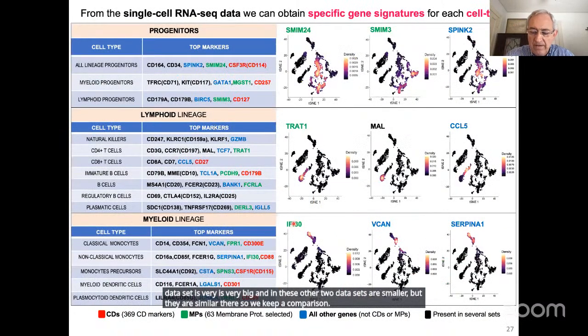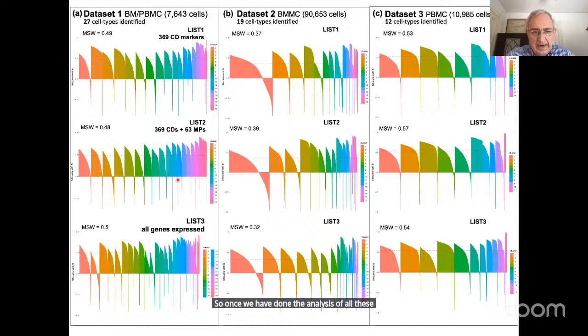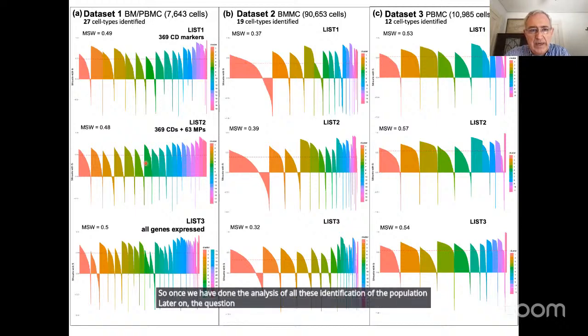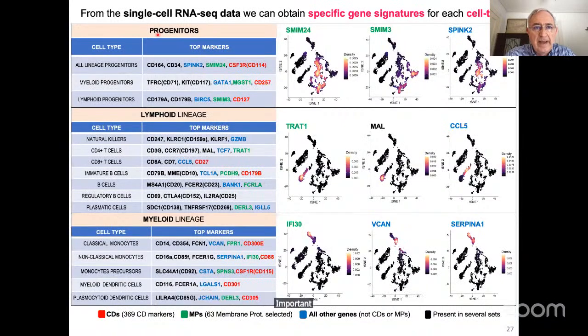So once we have done the analysis and identification of the populations, later on the question is, can you now identify for me the top markers in each one of these populations? And this is what starts to be important. For example, here, the lymphoid lineage, no?